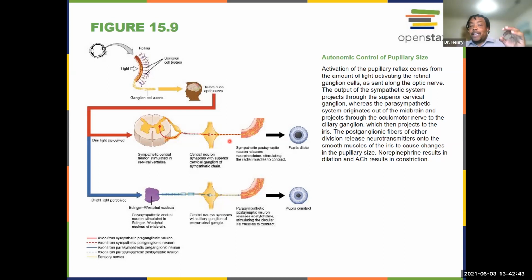Okay, so in one case we have pupils dilating, and in another case we have pupils constricting, right? In the case of dim light, if we think about it, when you go in the dark, does it take time for you to start being able to see things? Like say all of a sudden you just turn the lights off? You have to adjust.